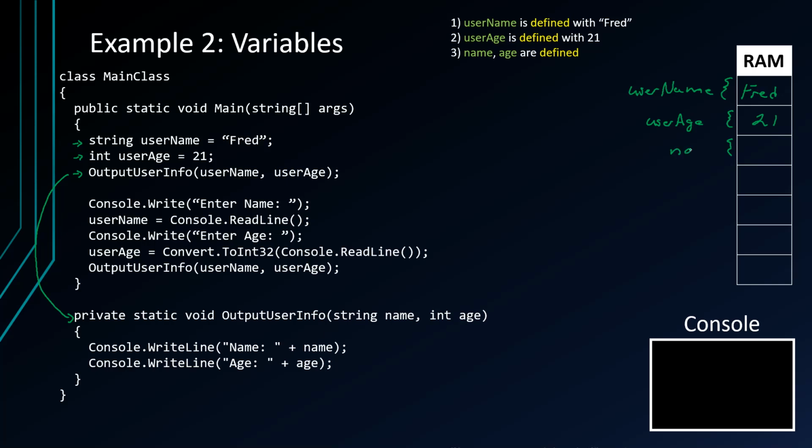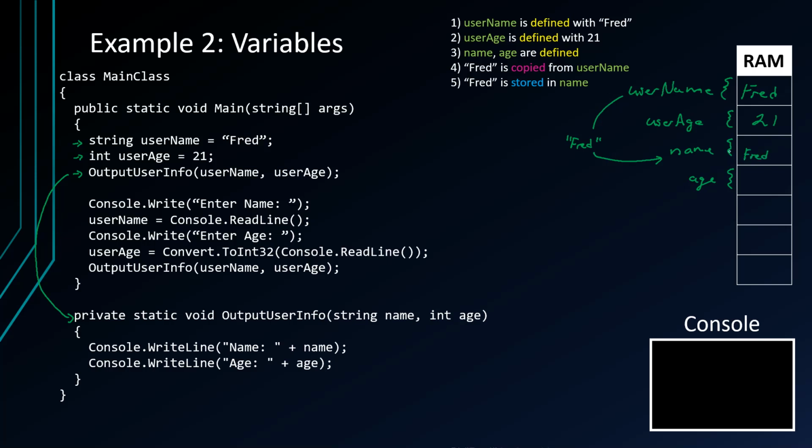This is where things get interesting though. Now what happens is Fred is copied from username. So out of here comes Fred. And then Fred is stored into the name variable.